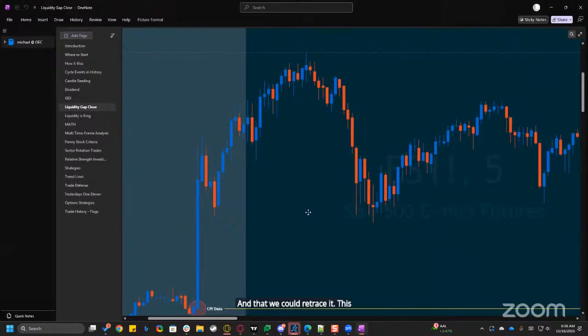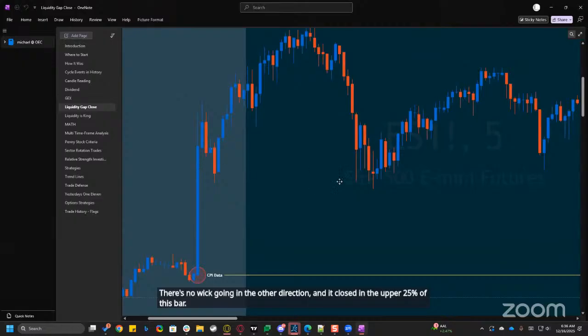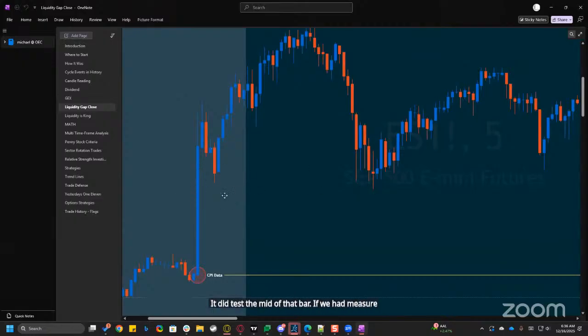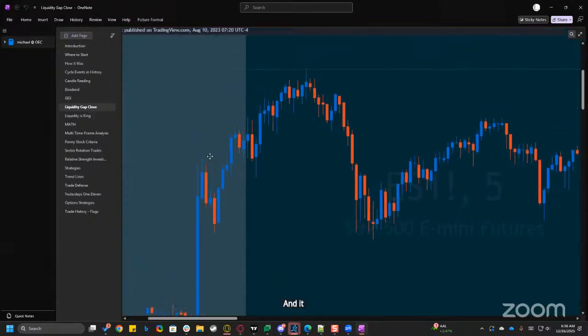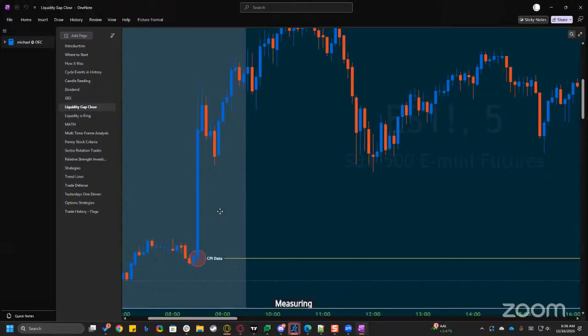This particular one did not retrace. There's no wick going in the other direction, and it closed in the upper 25% of this bar. It did test the mid of that bar if we had measured out the midpoint, and it reversed at 50% of the bar. So measuring these bars is really helpful.